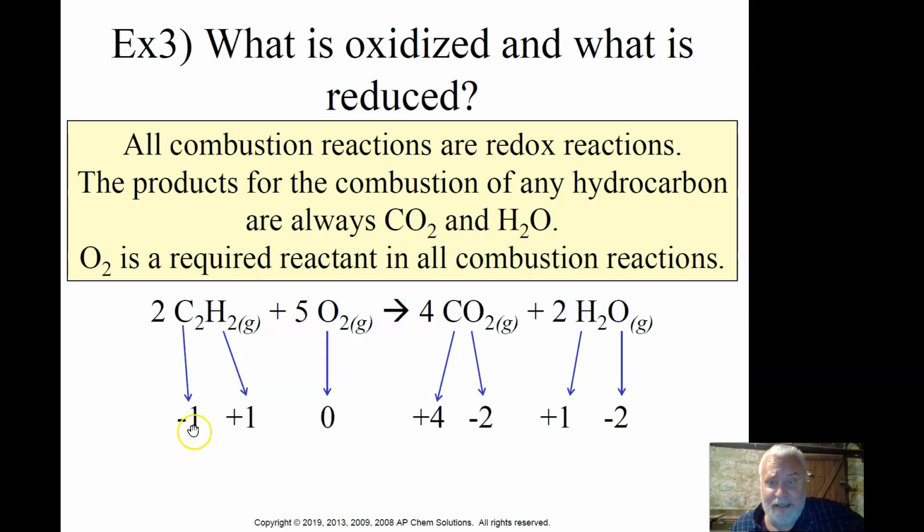So let's see if that's the case. -1 to +4, up. When you made all that nasty carbon dioxide, it went uphill. So that's the change that you see happening.